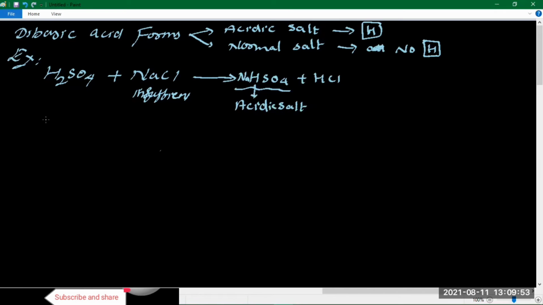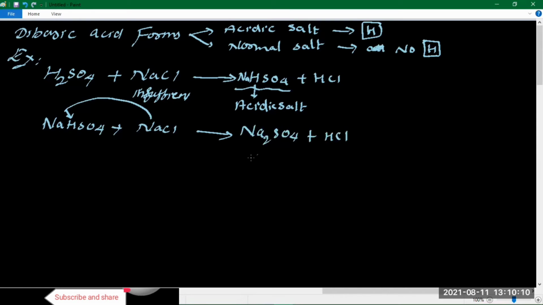And in the second step, the same acid salt NaHSO4 is again treated with NaCl, the sodium displaces the hydrogen again and it forms Na2SO4 plus HCl. So this is called a normal salt. Acidic salts form in the step 1 reaction, and normal salts are produced in the step 2 reaction.